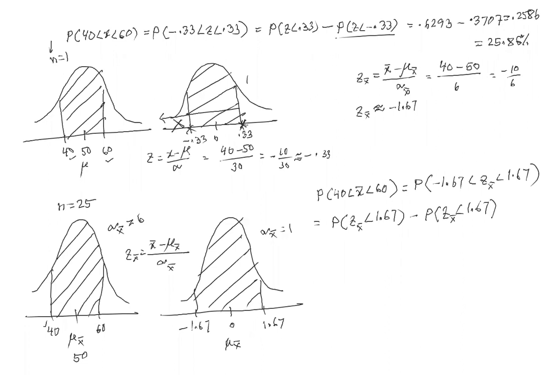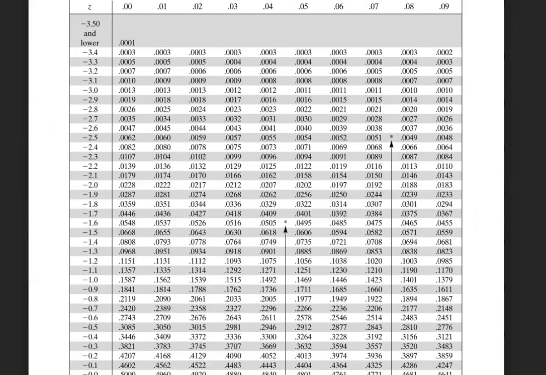Now you need to find these probabilities for z sub x bar equal to 1.67. So let's bring the table back. Negative 1.67. So look at the z column right here: negative 1.6 right here, and for 7 we are going to be going right here.